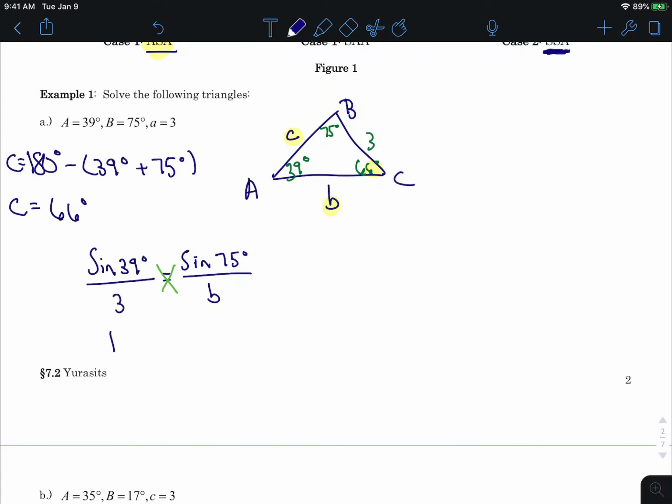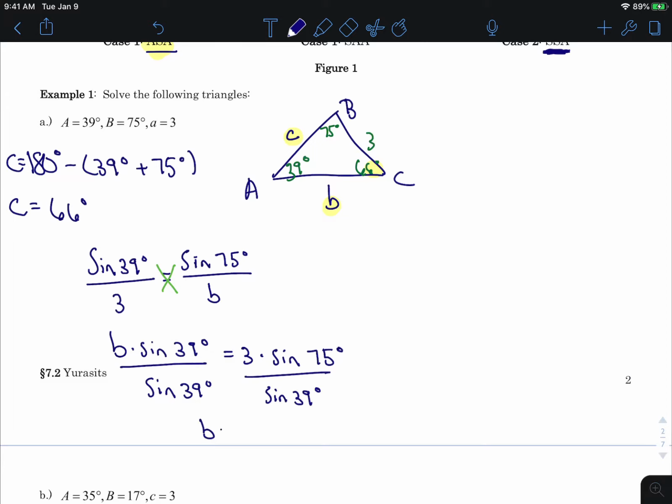So I end up getting b times sine of 39 degrees equals 3 times sine of 75 degrees. I'm going to go ahead and divide by sine of 39 degrees. And I'm going to beg you to not do any rounding until the very, very end.